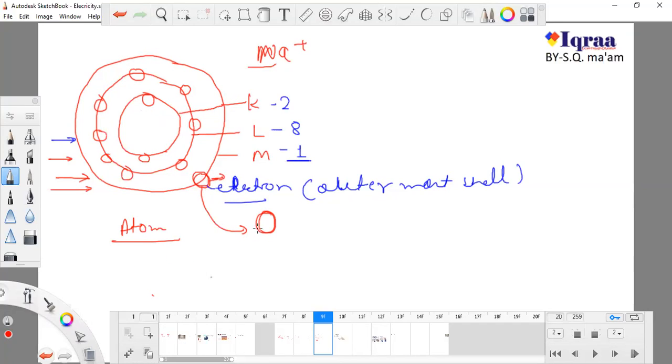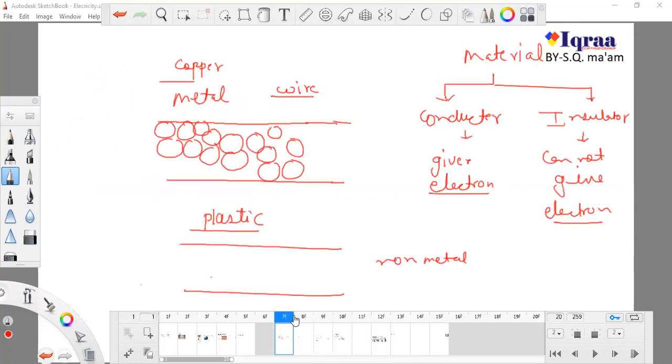So why is this electron able to come out from this shell? Because this metal can give this electron, only metals can give this. So if I'm using copper metal, or any metal, all of them have electrons in their outermost shell.